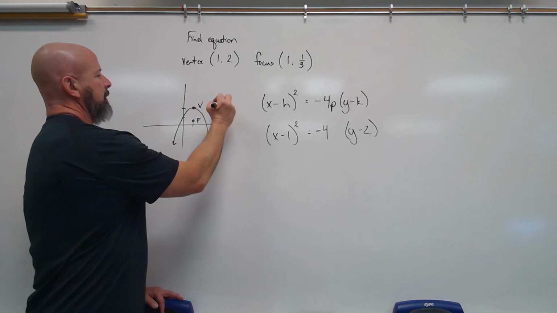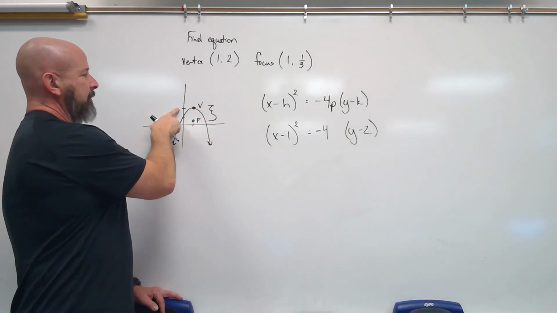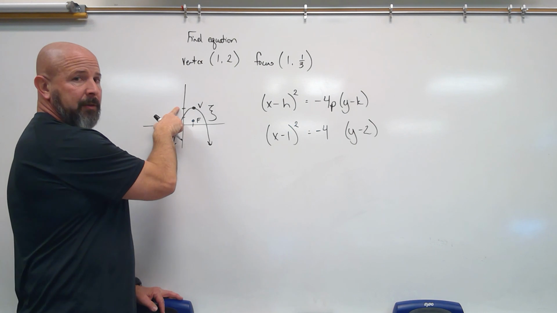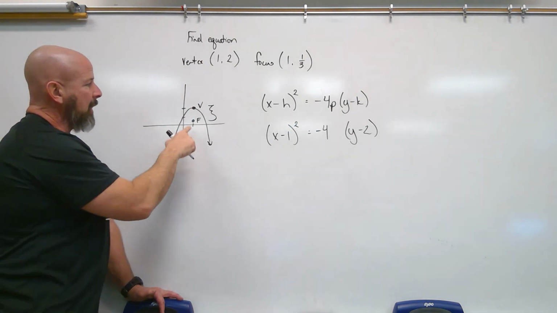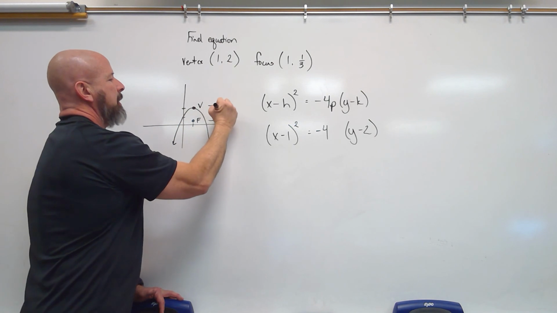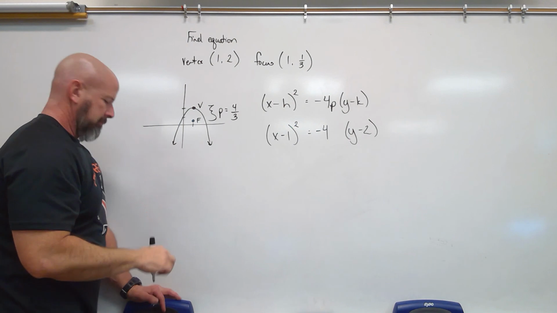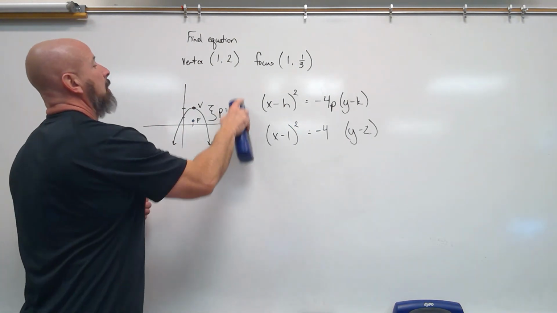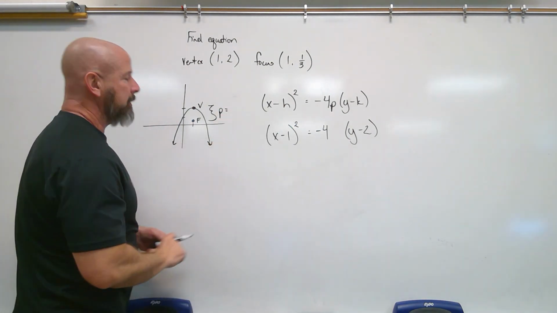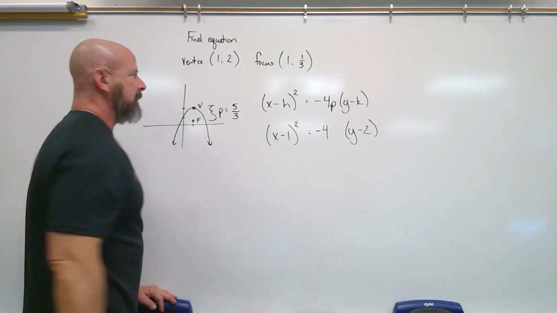So I am going from a y value of 2 to a y value of 1/3. Right, so that's going to be a p-value of 5/3. 5/3 distance.